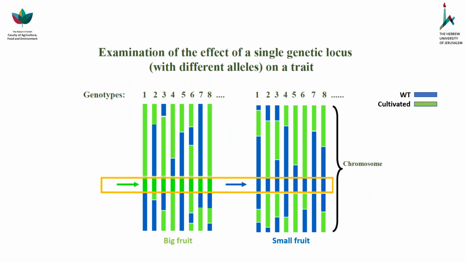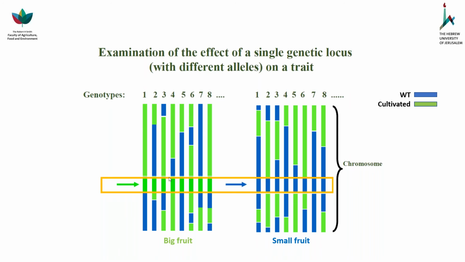So, for example, here is a real population, and the green segment is the cultivated tomato allele, and the blue segment is the wild allele. As we see here, in all the different lines, every line contains different segments of the wild allele by recombination.